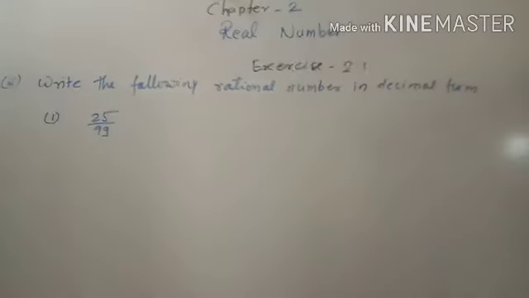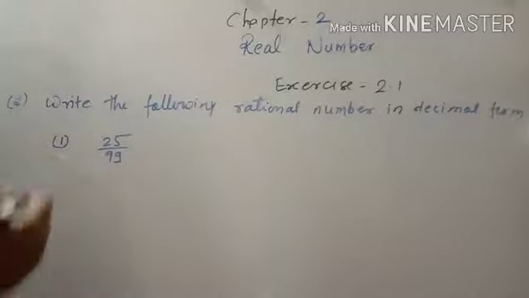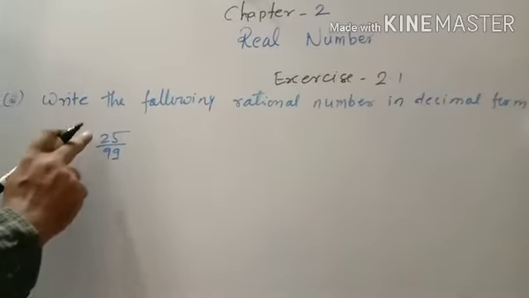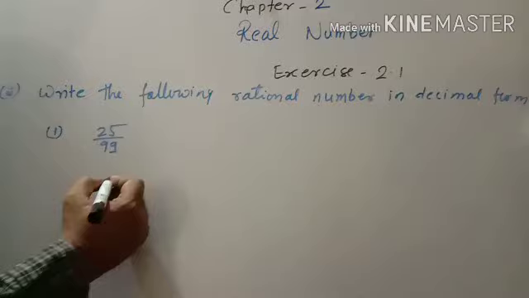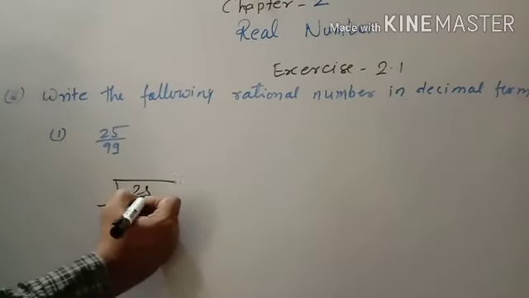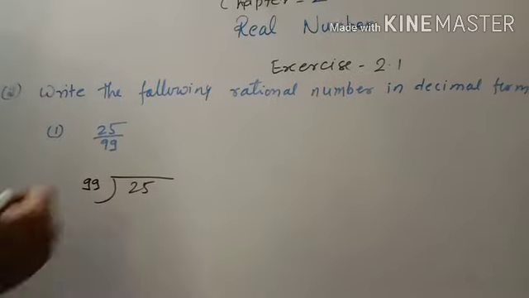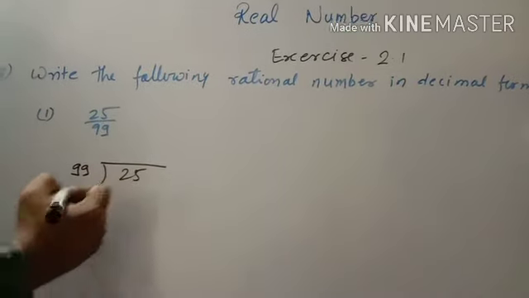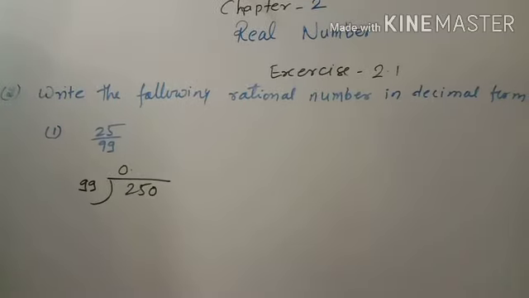So students, our second question is: write the following rational number in decimal form. We should write 25 upon 99 in decimal form. For writing decimal form, we divide 25 by 99. We take 25 and over here 99. 0 point, then 250.